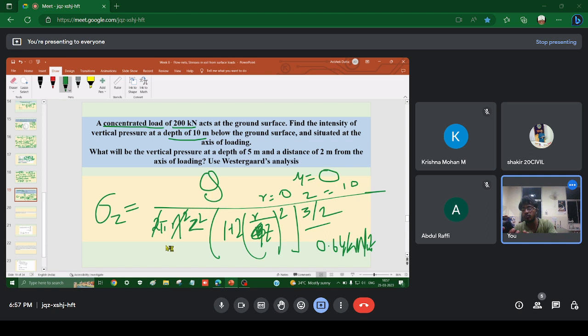So just calculate 2 divided by pi, yes, 0.64. And in the second case, put r equals 2 meter and depth z equals 5 in this formula. So it will be q, that is 200, divided by pi into 5 square, 1 plus 2 into r, 2 by 5 whole square, whole to the power 3 by 2.